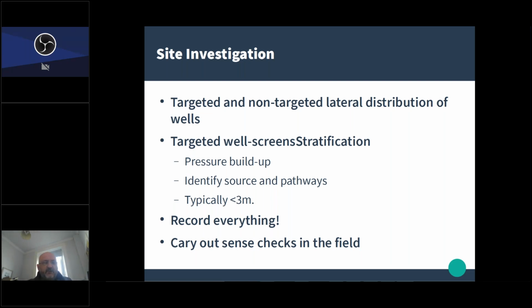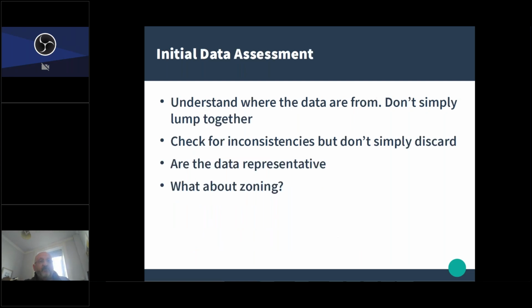If we just get an initial whoosh and then it disappears, what's going on there? Well, perhaps we could leave the bung off for a bit and let it purge effectively, and then go back and put the bung on and then record the rate of change over a period. Well, on data assessment, some of these things come out of what I've said already.